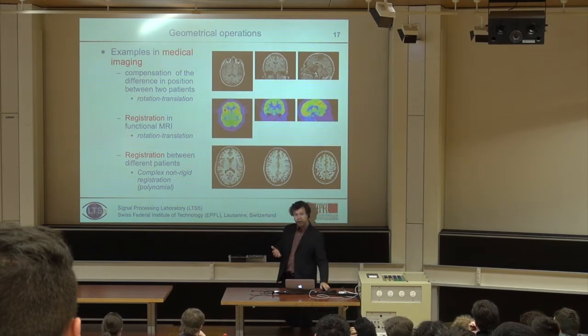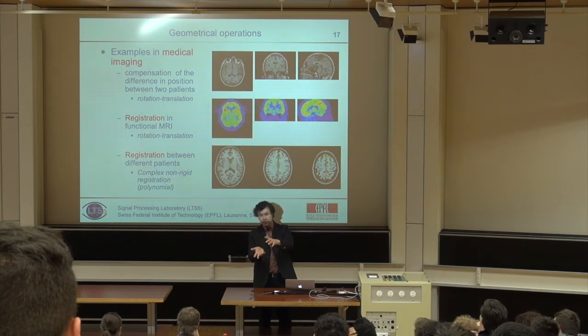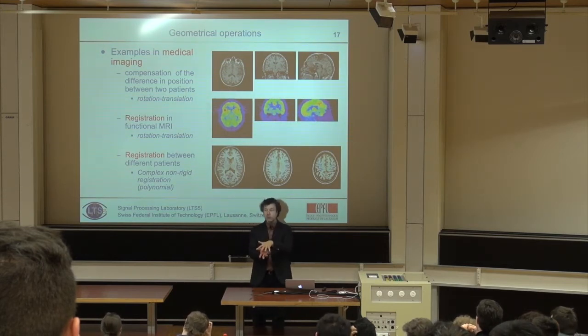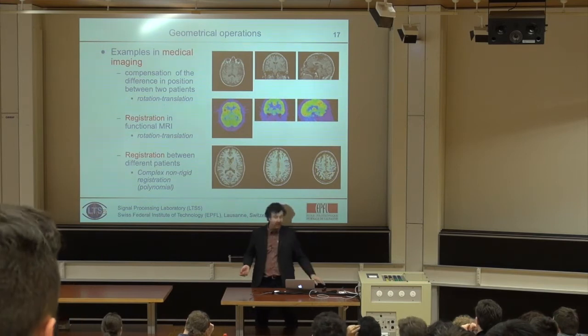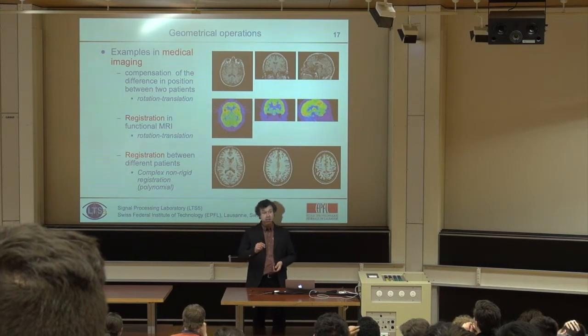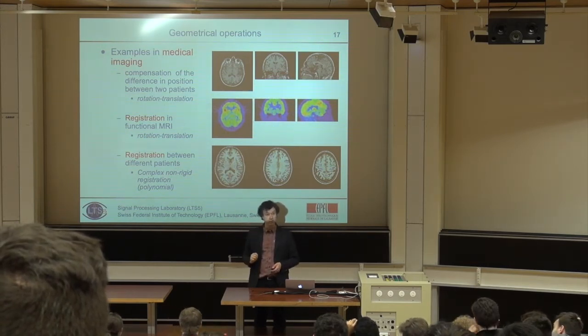And here you want to find the registration by calculating the translation and the rotation. So basically, you want to find the translation vector and the rotation angles that you have to apply to one of them to superimpose it on the other. And so you have to implement what I explained for translation and rotation, and then iterate to find the right theta and the right t vector.